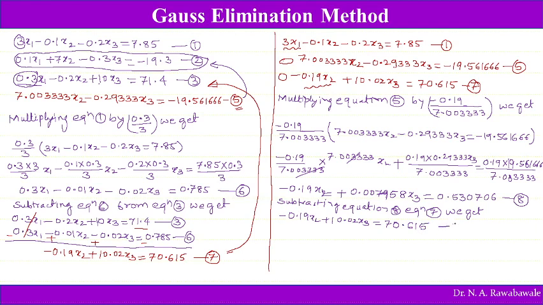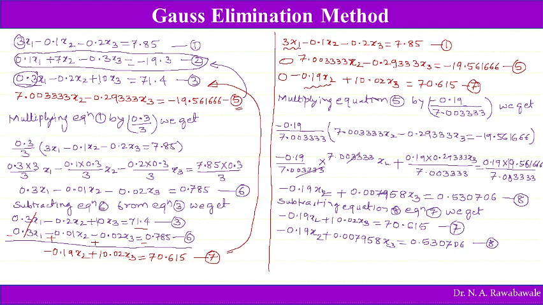This is equation number 7, from which we want to subtract equation number 8, that is minus 0.19 x2 plus 0.007958 x3 is equal to 0.530706. So this is equation number 8.